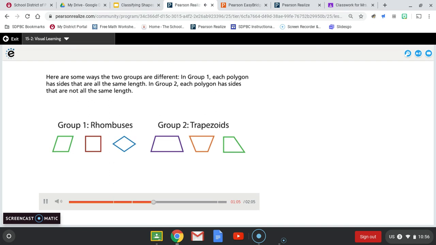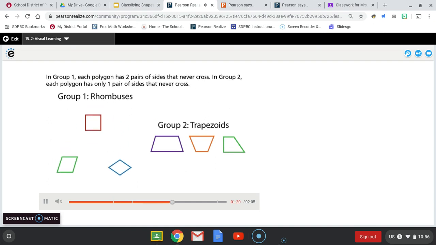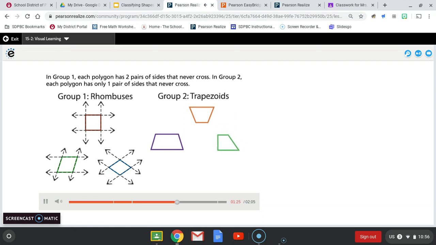Here are some ways the two groups are different. In Group 1, each polygon has sides that are all the same length. In Group 2, each polygon has sides that are not all the same length. In Group 1, each polygon has two pairs of sides that never cross. In Group 2, each polygon has only one pair of sides that never cross.